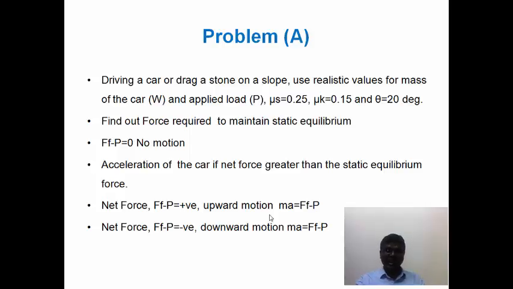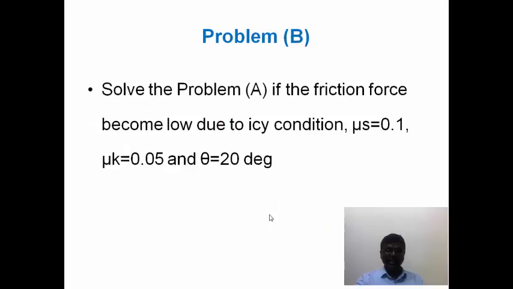and an uncontrolled accident could happen. So problem B, the second part of this assignment, is to solve problem A in an icy condition. Basically, it's a low friction force. Assume that the static friction is 0.1 and the kinetic friction coefficient is 0.05, and the same inclined angle.